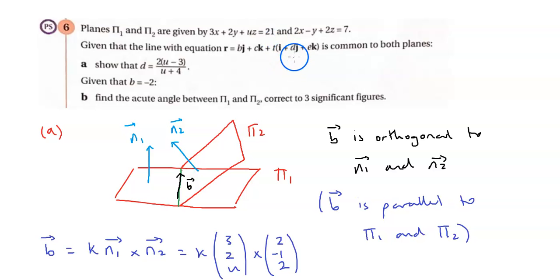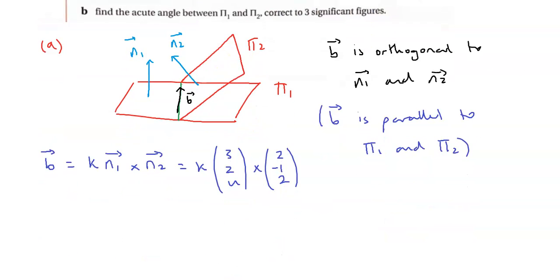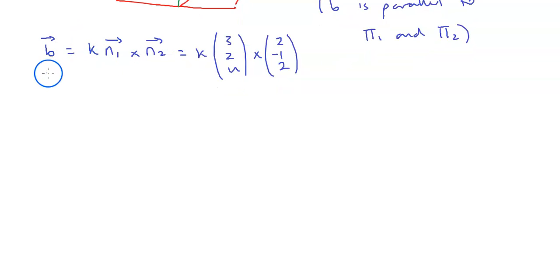And of course, this is our vector B that we're talking about, the direction vector of the line, which is (1, d, e).